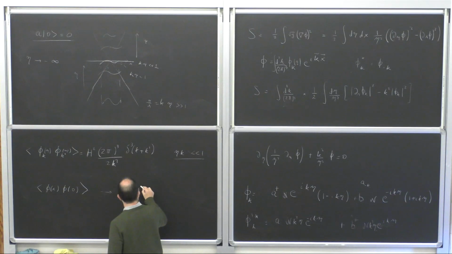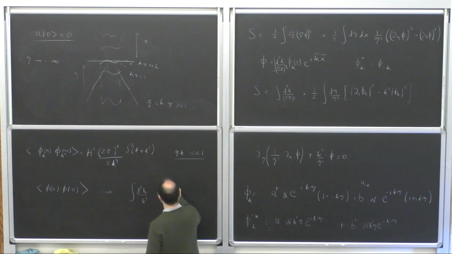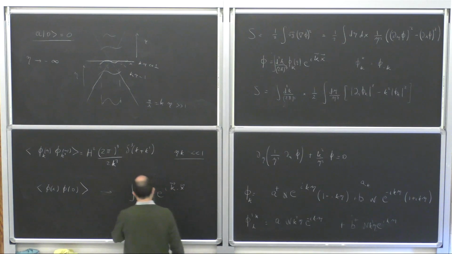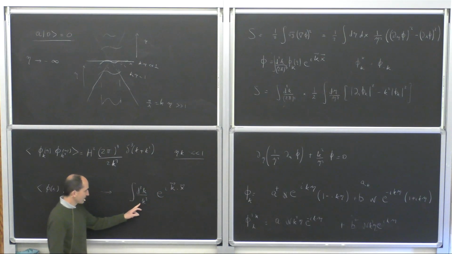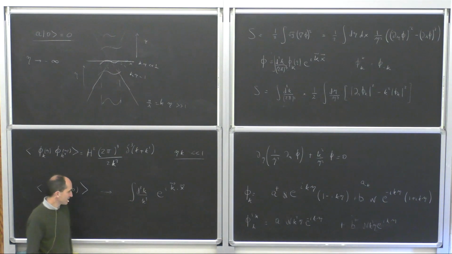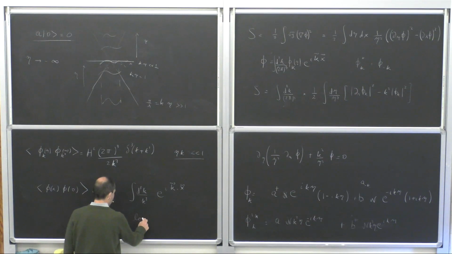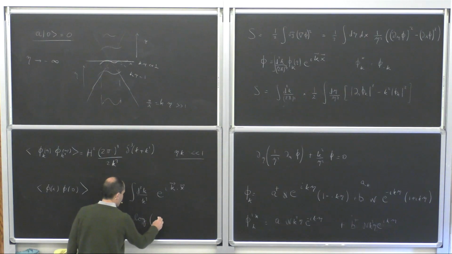We will encounter the following integral, d cubed k over k cubed. The k cubed comes from this k cubed, times e to the i k x. And this integral is logarithmically divergent at k equal to 0, so it has an infrared divergence. And so this answer will be some kind of logarithm of some long distance cutoff over x.